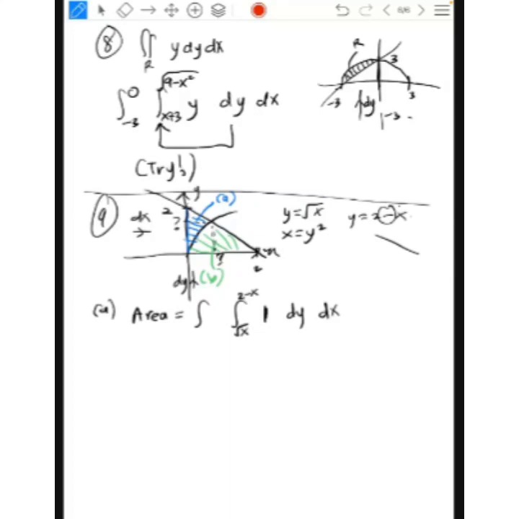Okay, let's find the point of intersection first. So I have square root x equals 2 minus x, equating the y. Square both sides, you get x equals (2 minus x) squared, or x equals 4 minus 4x plus x squared.